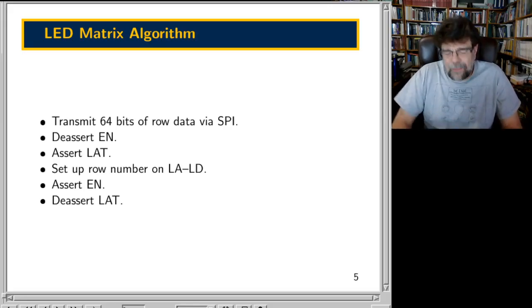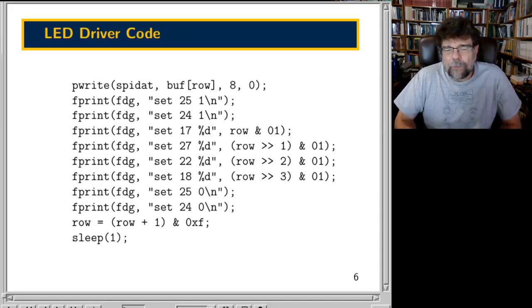Now, the code for doing this looks essentially like this. There have been a few different variations on how this is done, but this is the basic model. The first line there is the writing of the 8 bytes to the SPI interface.